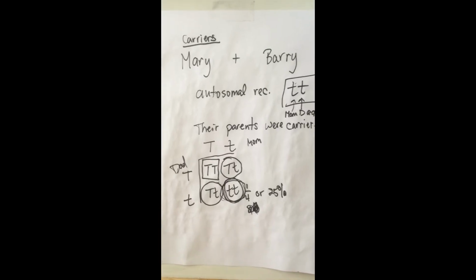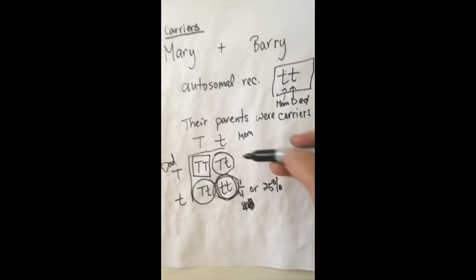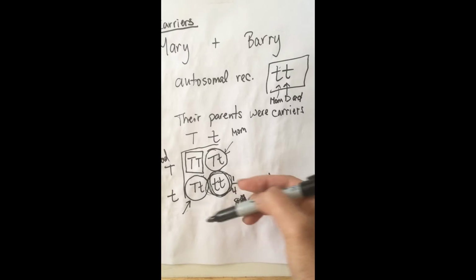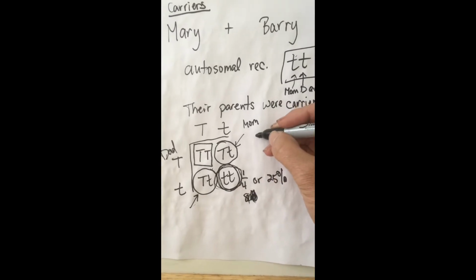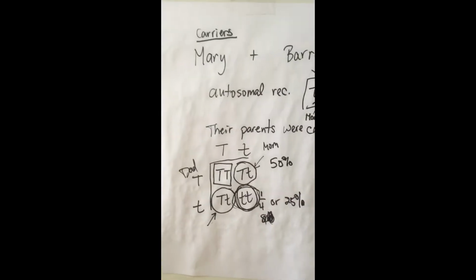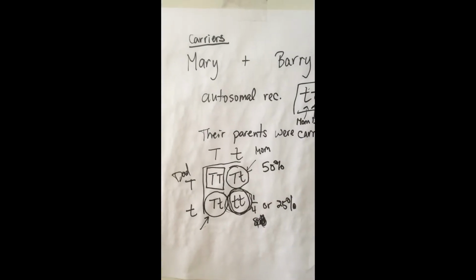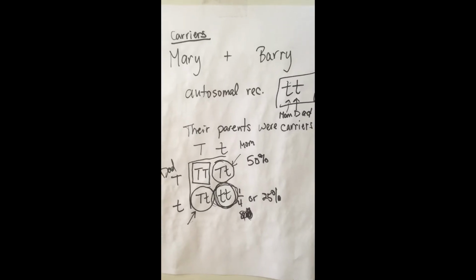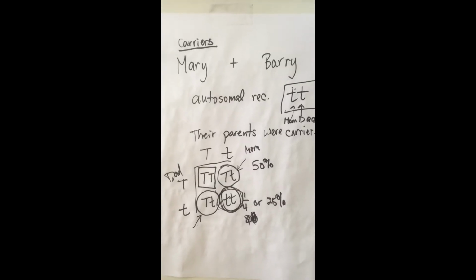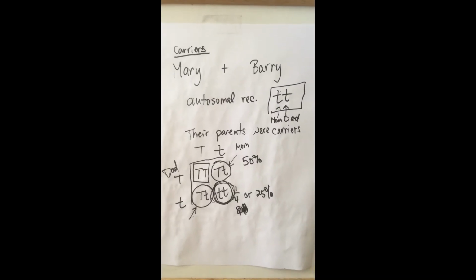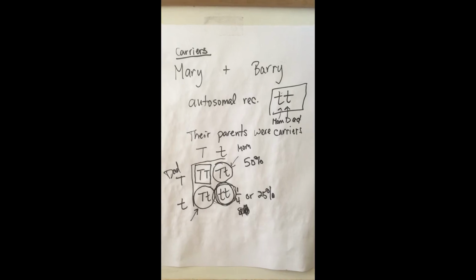So we have to calculate the odds that they are carriers. You might look at this and think, okay, well, here's one, and a lot of people at this point are like, well, there's a 50% chance that they're carriers, which makes sense, but is not actually true, because one thing we also know is that neither Mary nor Barry has thalassemia. In fact, if they had thalassemia, they would not live long enough to have children.